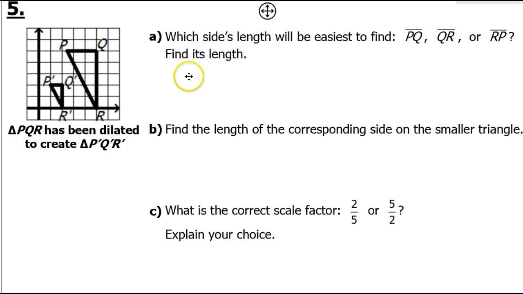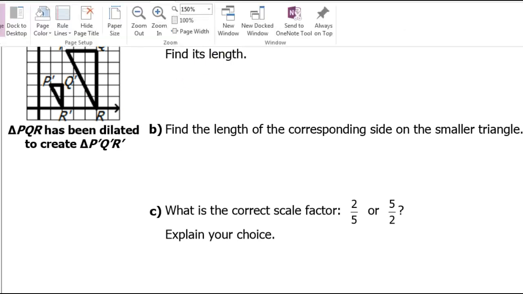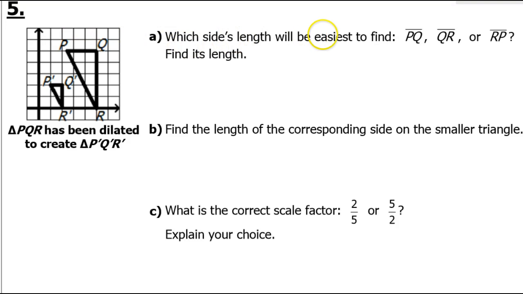Okay, looking at problem number 5, it says which side length will be easiest to find? PQ, which is right here, QR, which is vertical, or RP, which is the hypotenuse. Well, I'm going to go with QR, because that is a whole number.